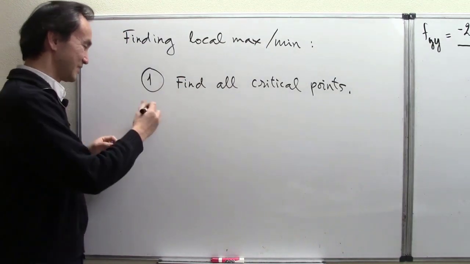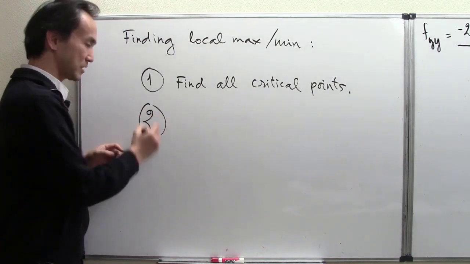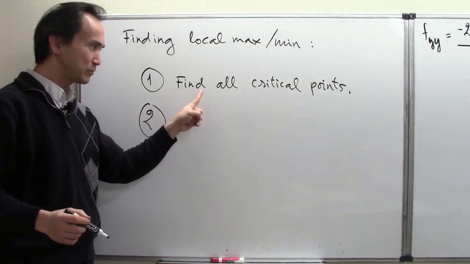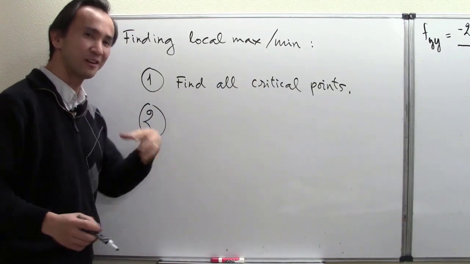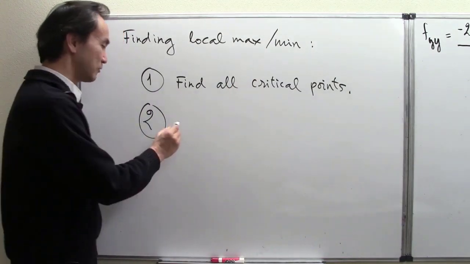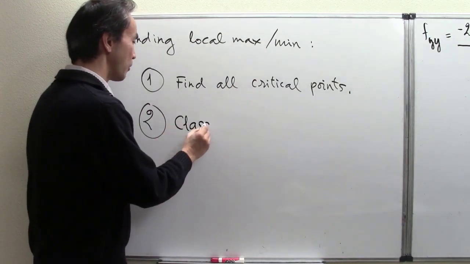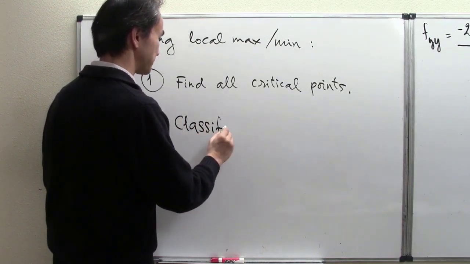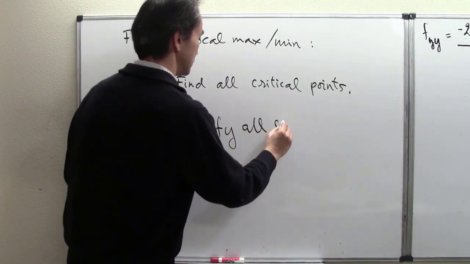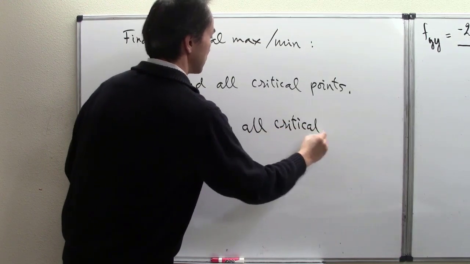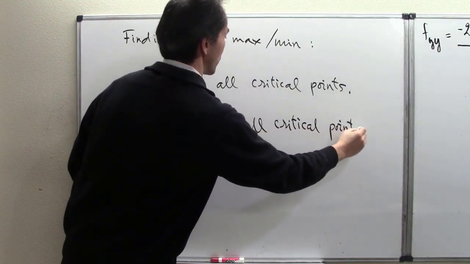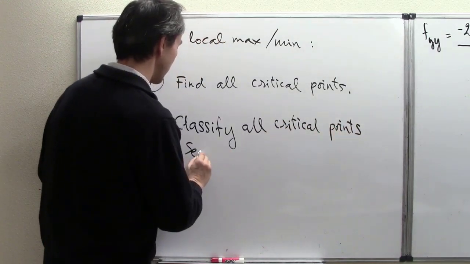And then step 2, think about example 2 that we did. After we found all critical points, we got to classify all critical points. And this is where we use the second derivative test.